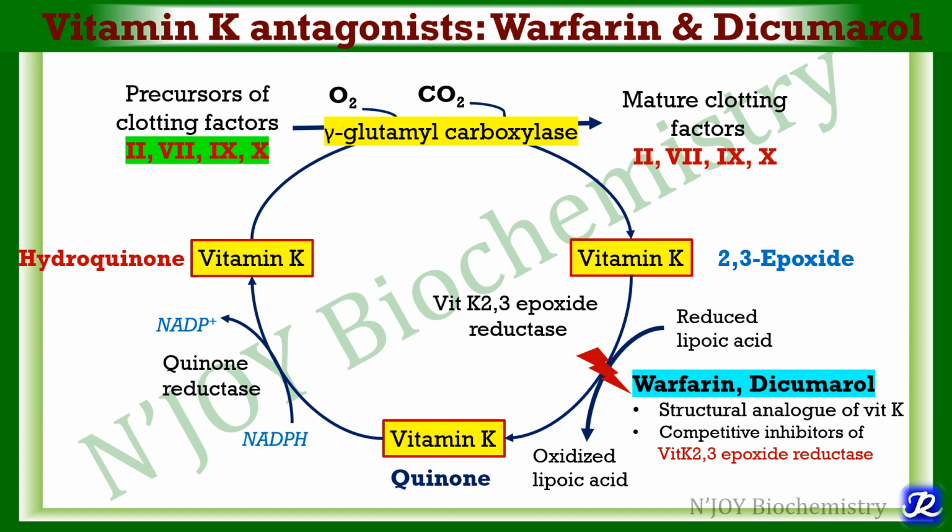If warfarin and dicumarol inhibit this step, the reduced form cannot be produced, which is required for this carboxylation. So there will be no activation of clotting factors and there will be no coagulation, and thus both warfarin and dicumarol act as anticoagulants and they are vitamin K antagonists. Warfarin is also used as a rat poison.